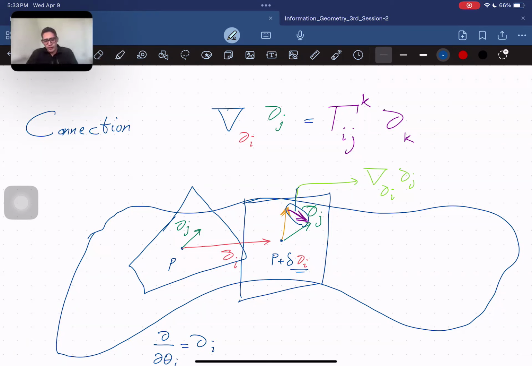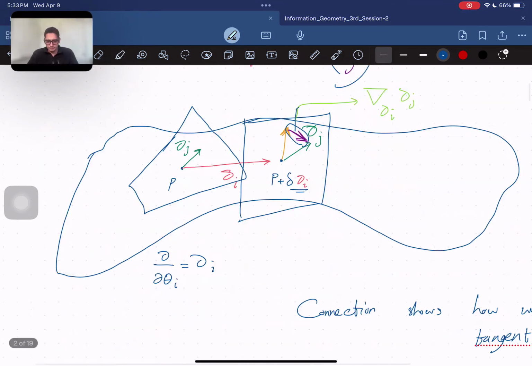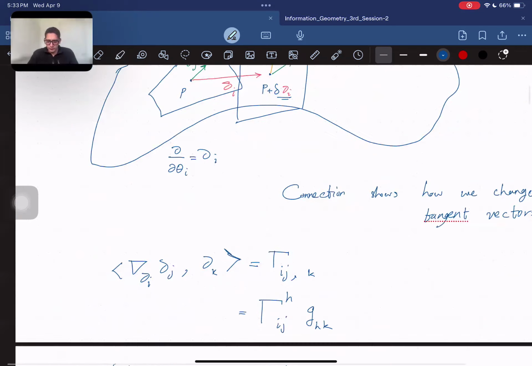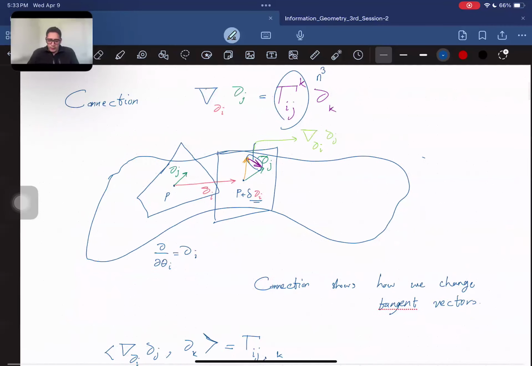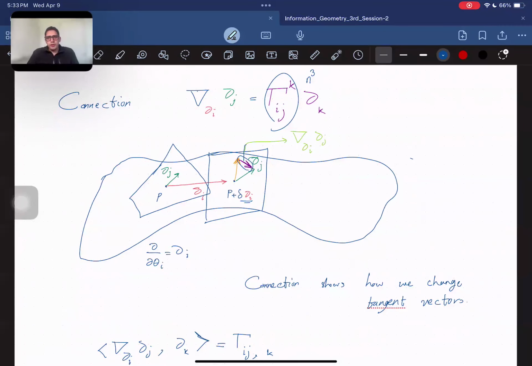So in order for us to define a connection, we need to have access to n to the power of 3 numbers, where n is the number of parameters we have to represent our distribution. There are also other ways to talk about connection.